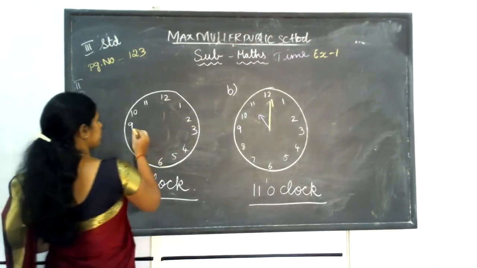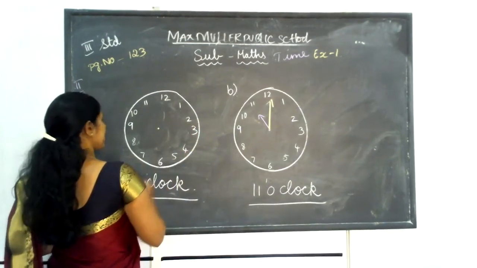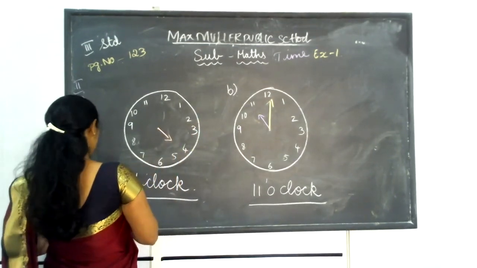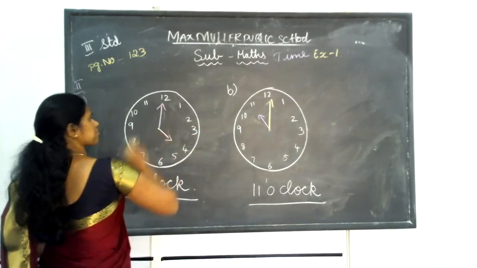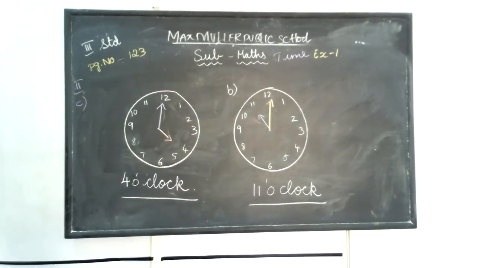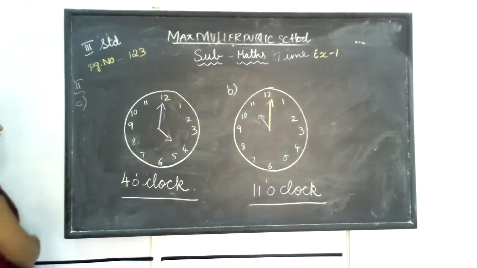So in between these, you put a point here. The short hand should indicate 4. The long hand should indicate 12. Now, what is the time? It is 4 o'clock. They have already mentioned you have to draw the short hand and the long hand. Finish it fast.